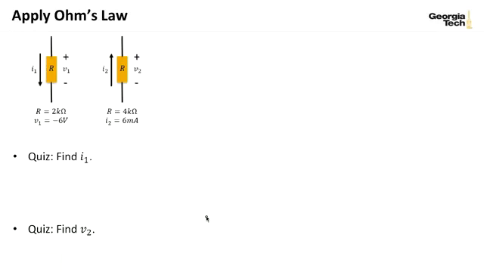Let's solve for I1. Since the current gets to the plus first, in this case, V equals plus IR. We're solving for I, so I is V over R. Our voltage is negative 6 volts. Resistance is 2 kiloohms, so our current is a negative 3 milliamps.